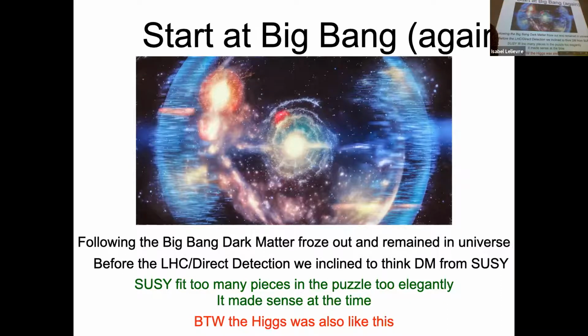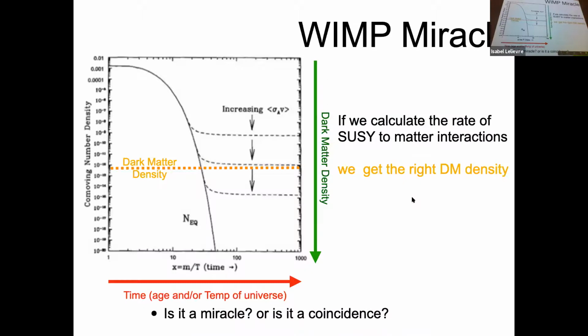Really? Okay. All right. So we'll start again at the Big Bang, like we start every lecture. And for this one I wanted to step back about 15 years, when people were talking about the WIMP miracle.